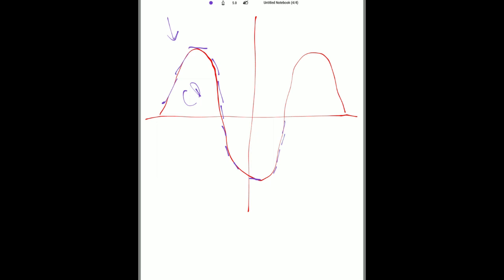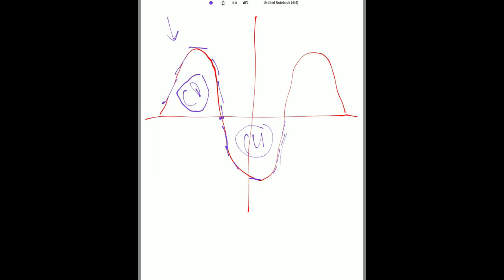So it switches from increasing to decreasing, meaning that it's concave down, to decreasing to increasing, meaning that this is concave up. Now, the fact that a curve switches from an area of being concave down to being concave up, the point of change of concavity, which is this point, is called the inflection point.